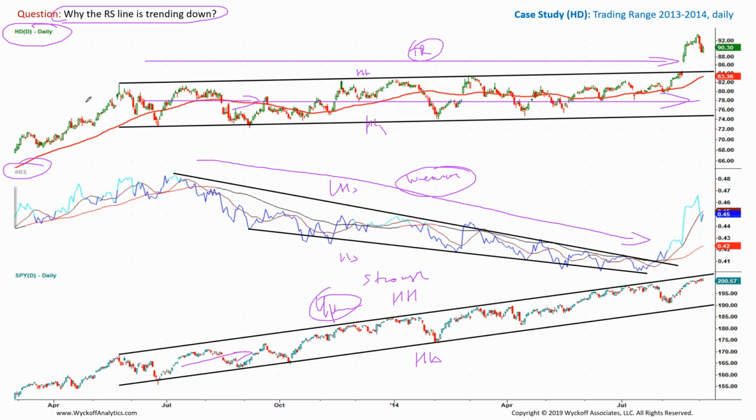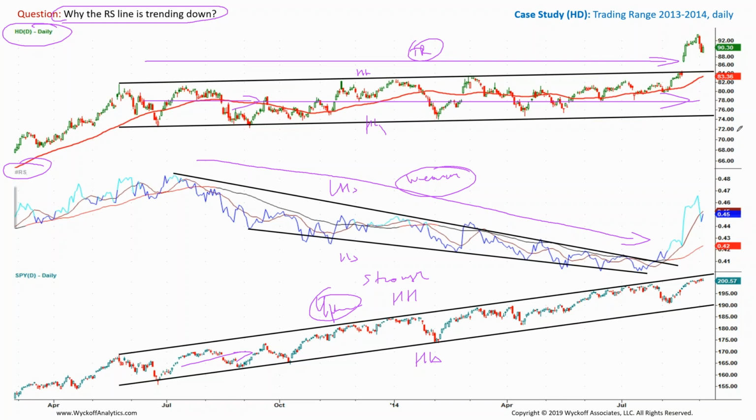It's the structure of the price of the stock relative to the price structure of the market proxy, in this case, spiders. So when the market is uptrending and the stock is just consolidating, then the stock is behaving weaker than the market. And therefore, relative strength is going to be in the downtrend.